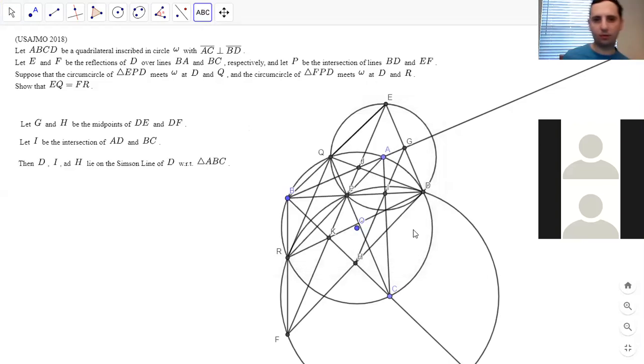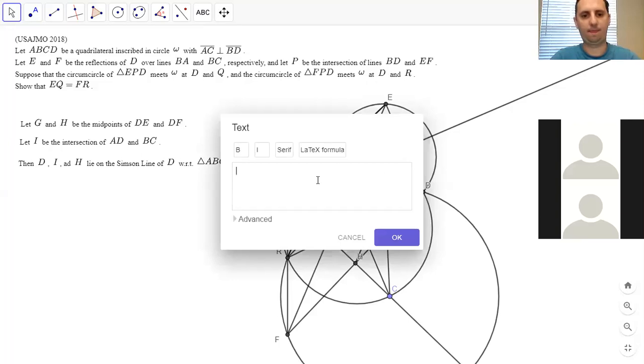Okay. So then EPF is the Steiner line of D. I'll say a homothety with factor 2 of that line implies E, P, and F are collinear.